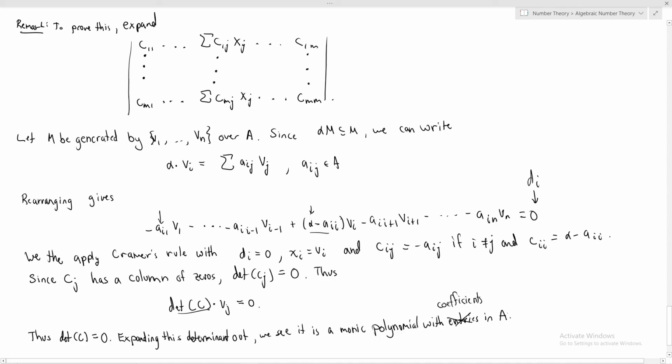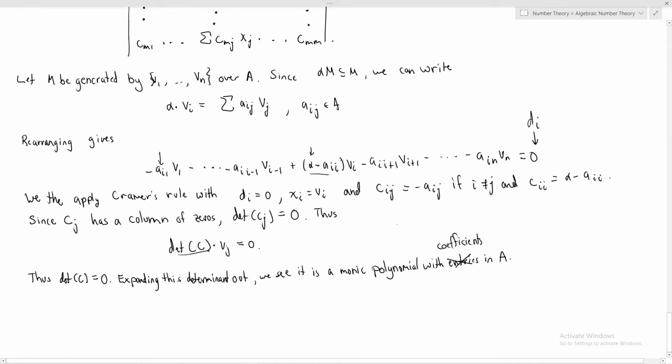Okay. And what do we notice? What do I want to say here? I think this whole sentence actually doesn't make sense. Expanding this determinant out, I should really say we see it is a monic polynomial with coefficients in A evaluated at alpha.